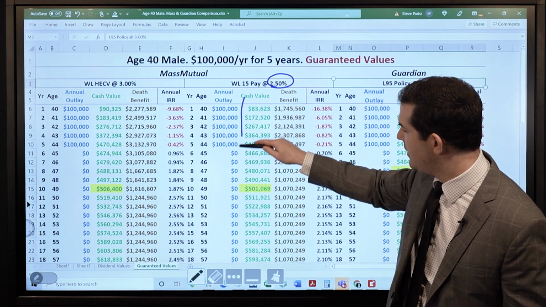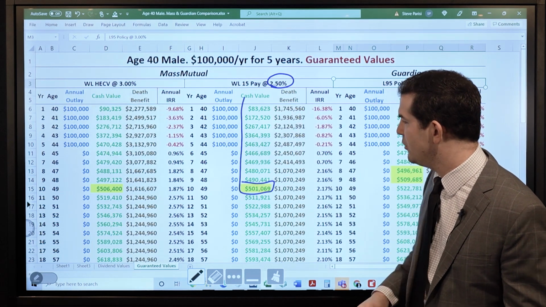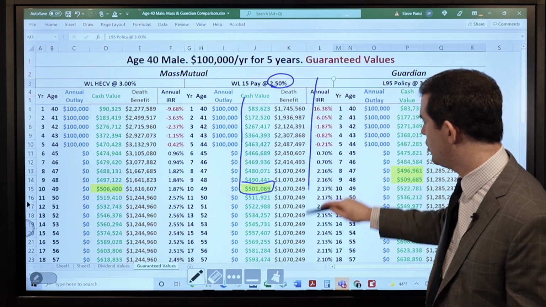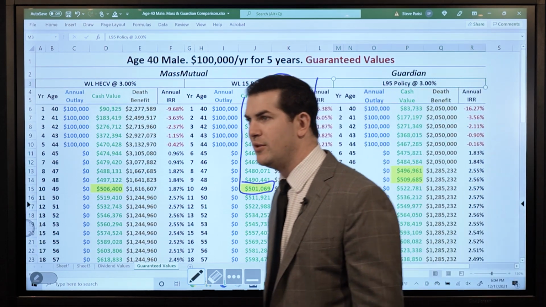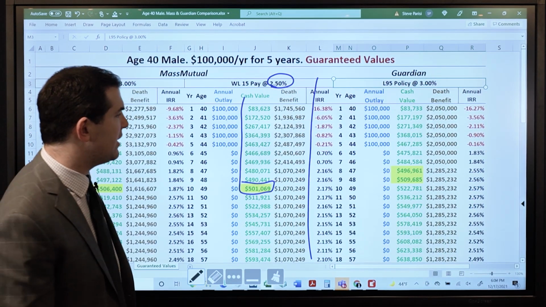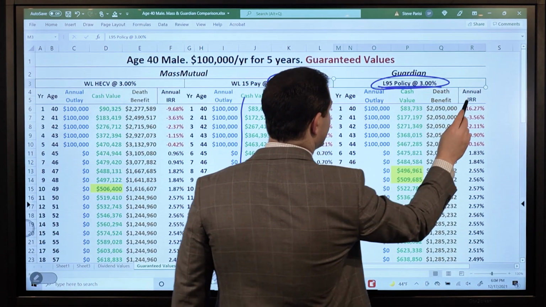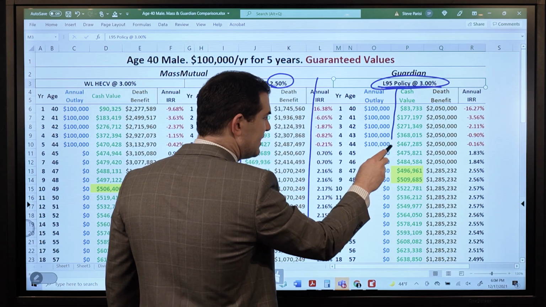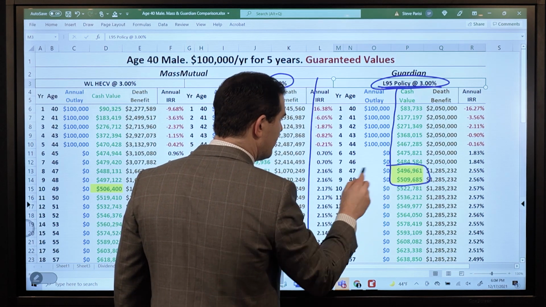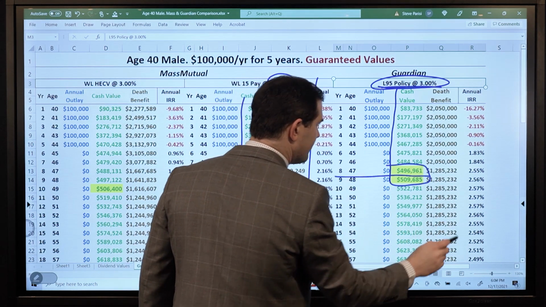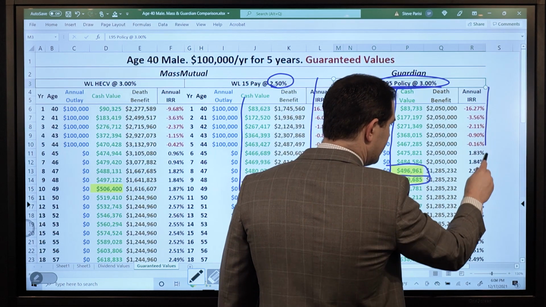So, 15-pay, breaking even year 10, same thing. There's your IRR over time. Then you've got the Guardian example. Guardian has always carried attractive guaranteed cash values. I've always noticed that to be the case, which I'm a fan of, frankly.